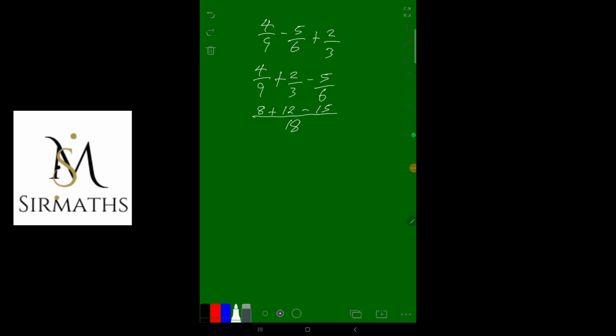So we add the positive, that will give us 20, minus the negative, which is 15, divided by 18. And that will result in 5 over 18 as our answer. There is no factor that will divide 5 and 18 without a remainder, and as such, we stop here for this very combination.